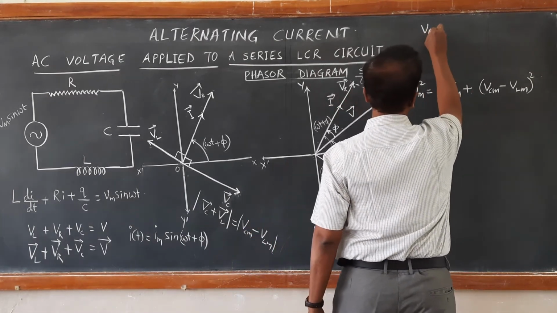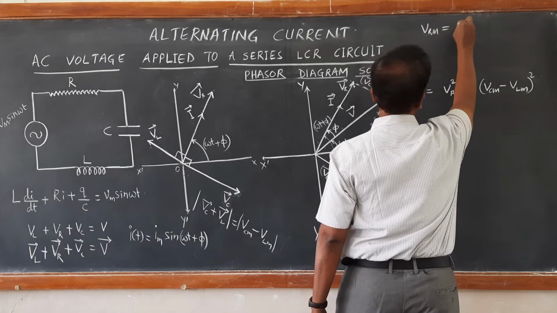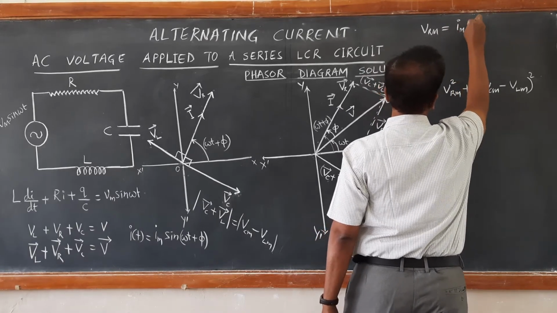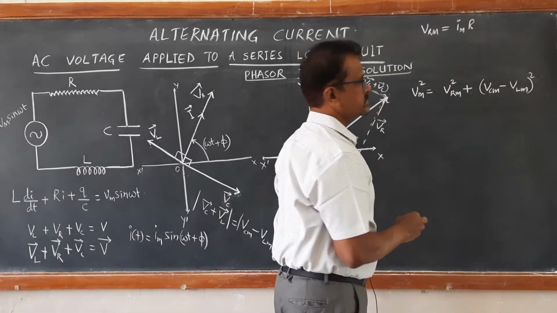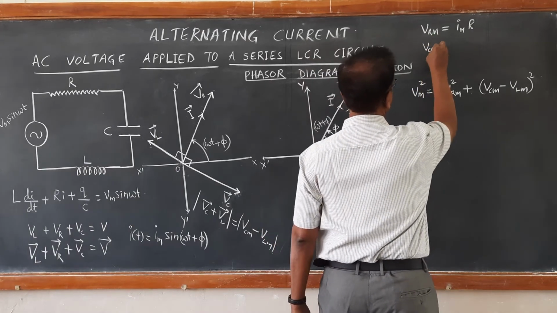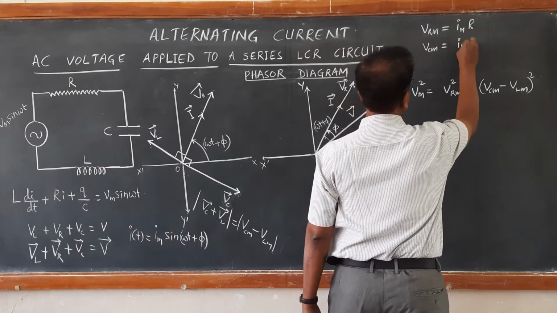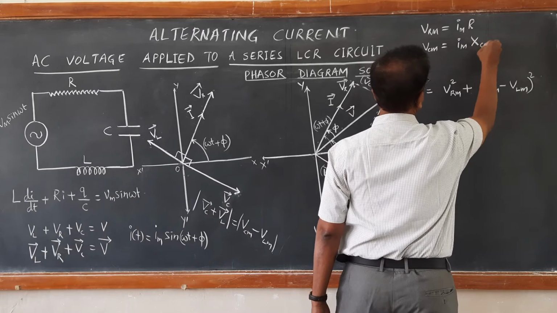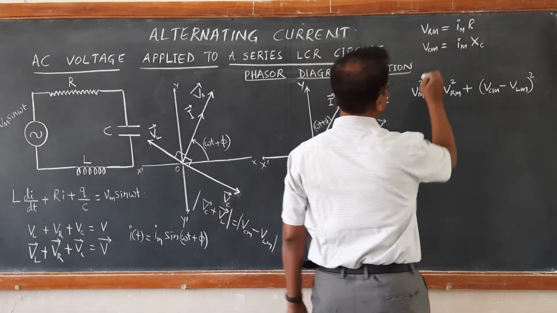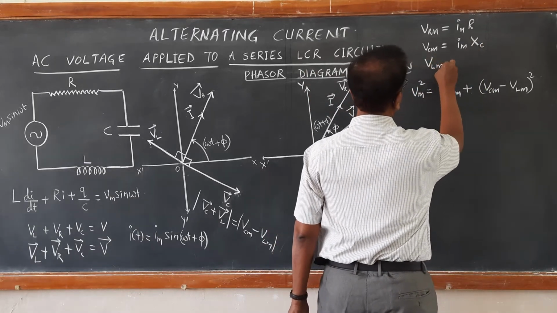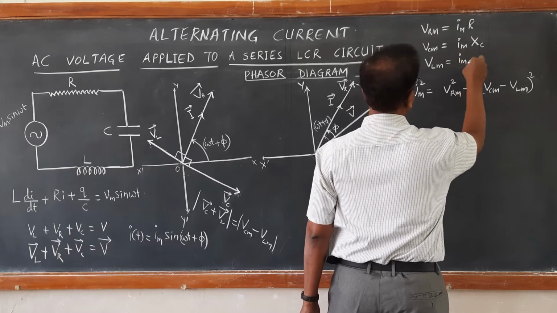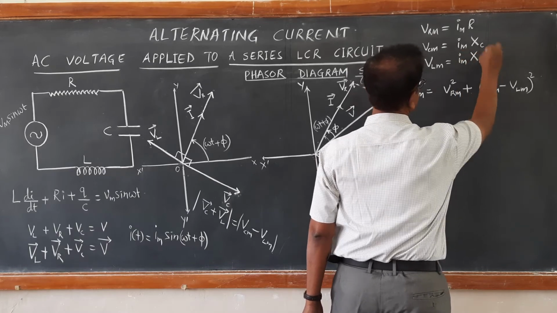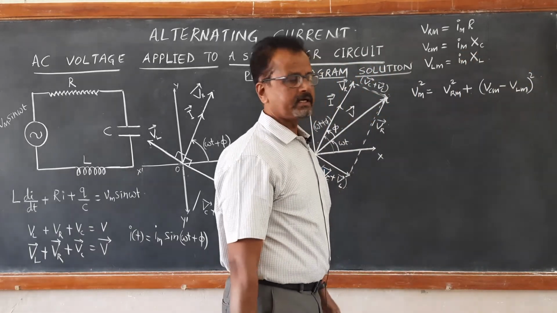We know that Vrm, initially we have written, is the product of Im and resistance R. Vcm is the product of the peak value of current and the capacitive reactance XC. VLm is the peak value of current and XL, where XL is the inductive reactance.